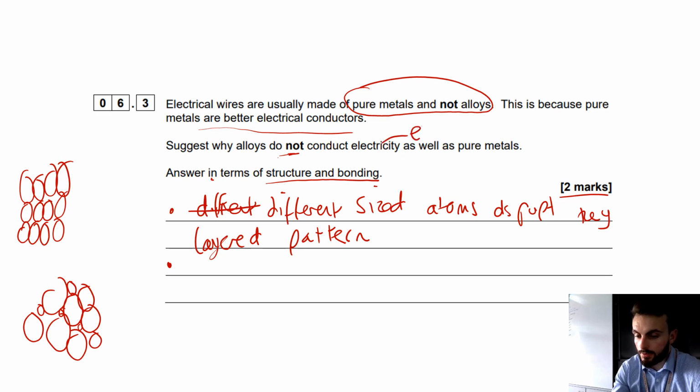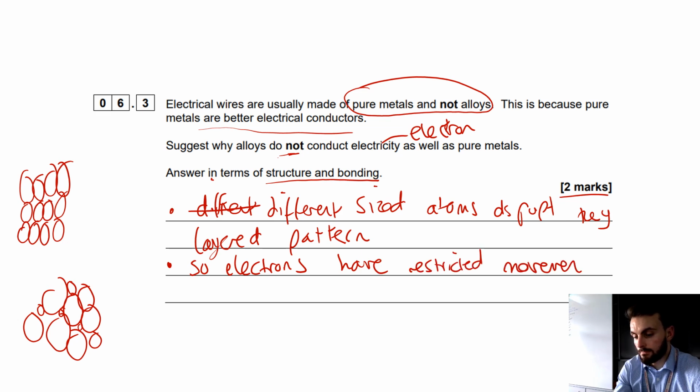Always think about electrons when we're on about electricity. There's a few ways you could put it. You could say they have restricted movement, or they don't move through the structure as easily, they don't move around as easily. Something that implies they're not able to move as easily as they would be in a pure metal.